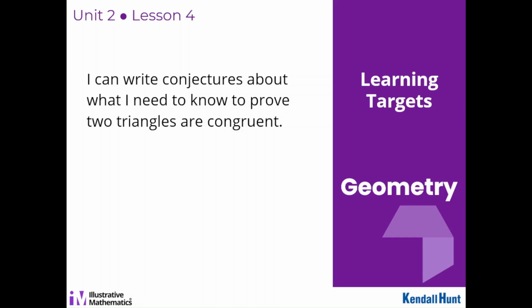Or you could write a statement about how if you had two angles and the side in between those angles, then by angle, side, angle, you can show how you know the two triangles are congruent.